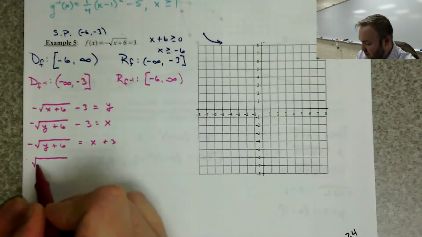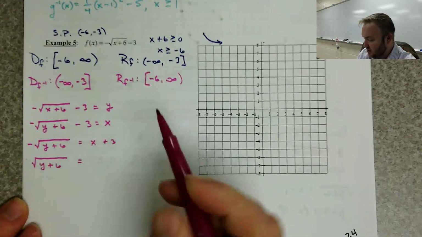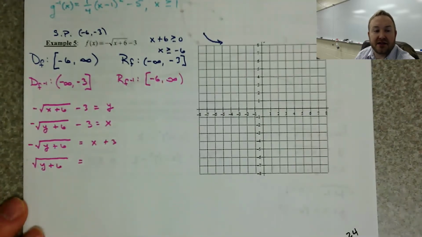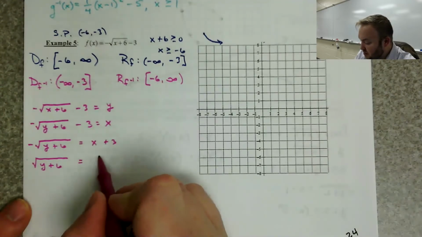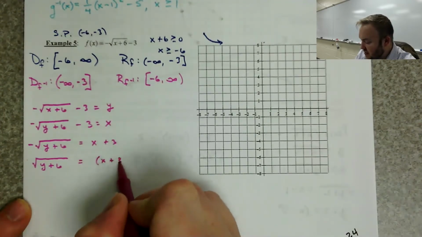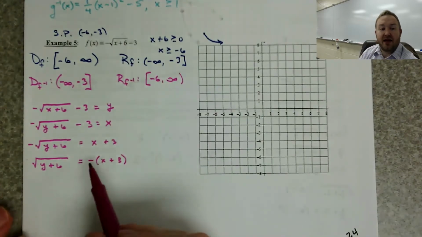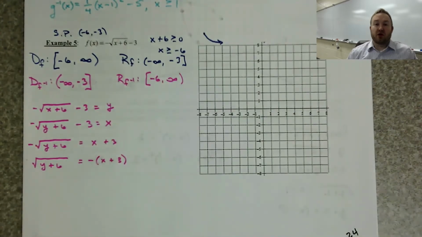So I'll have square root of y plus 6 equals. Now you can make this -x minus 3, and that's not necessarily wrong, but I'm just going to take that x plus 3 quantity and multiply it by a negative, because that's going to make this look a little bit more like we're used to with a quadratic function in vertex form.